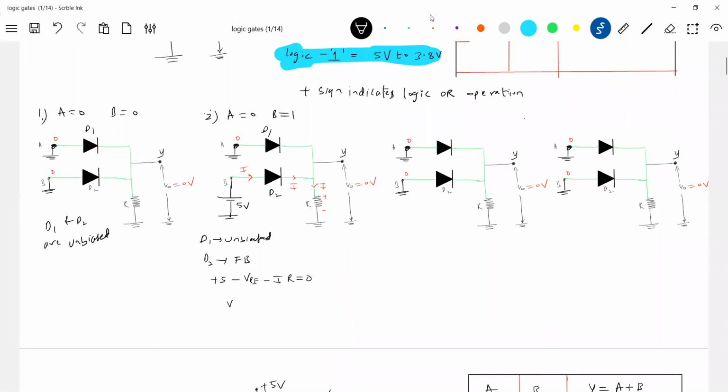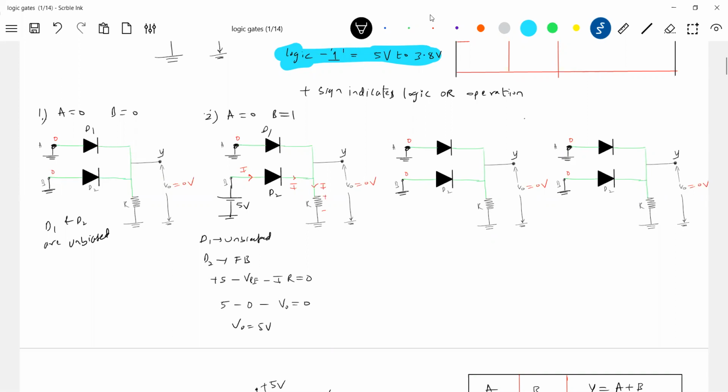So if I assume VBE is 0, let's take the ideal case. So how much is IR? In place of IR, let's substitute all the values. IR is nothing but V naught, no? So what is V naught? 5 volt. V naught, 5 volt, is nothing but the value of Y.